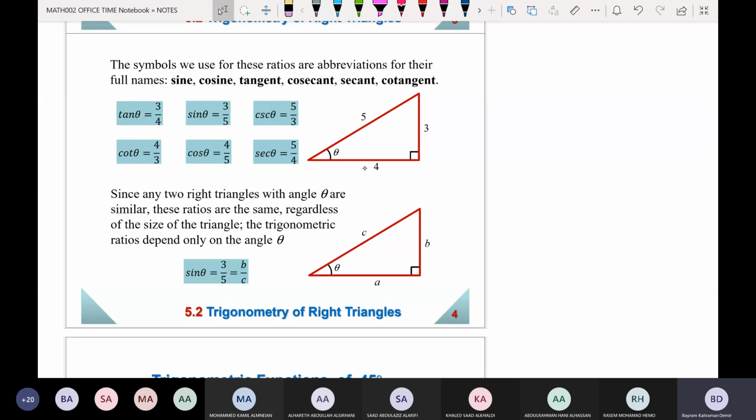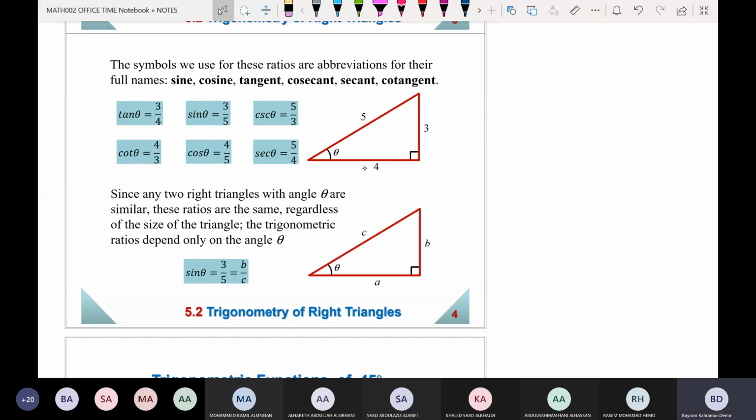So imagine if you have another right triangle, of course, so that the theta is the same in both triangles. We have the same theta here and here. Then the sine of this theta here is, of course, b divided by c.